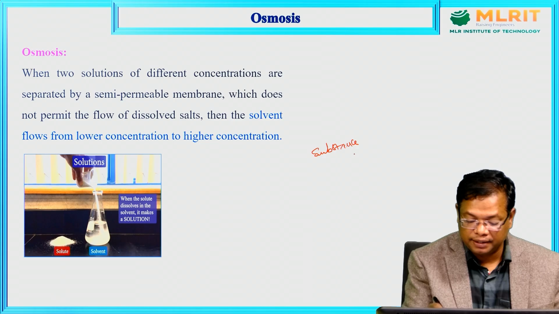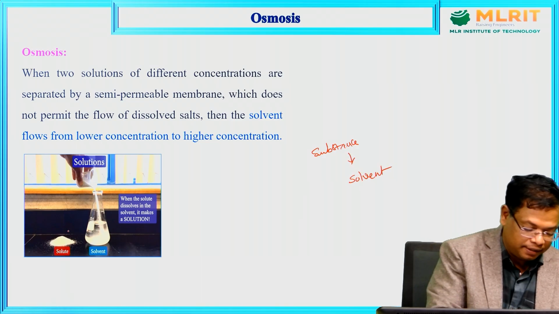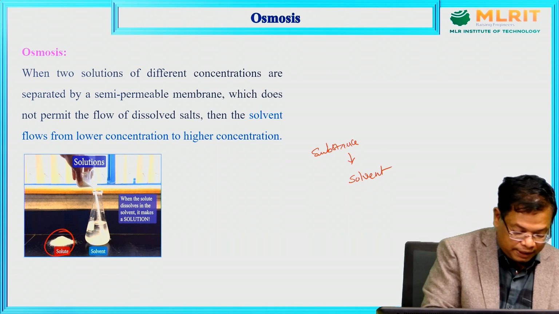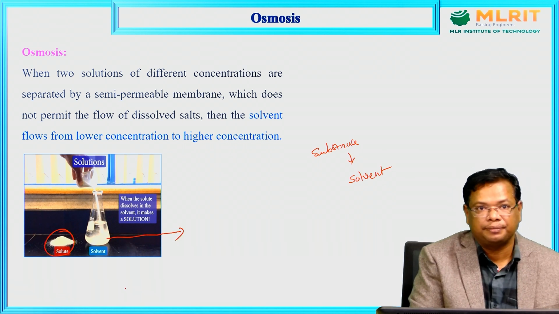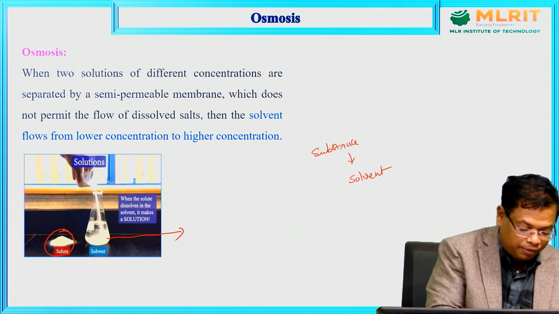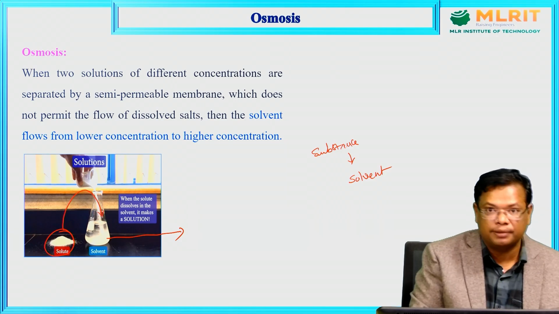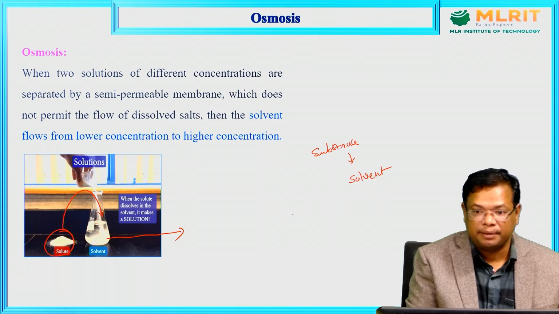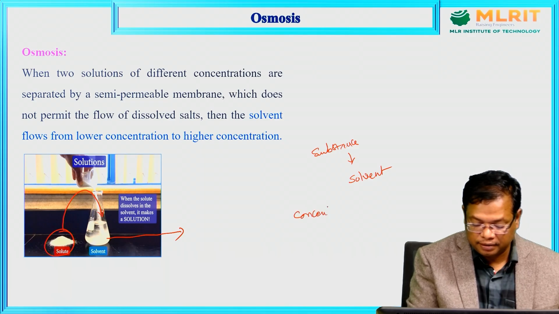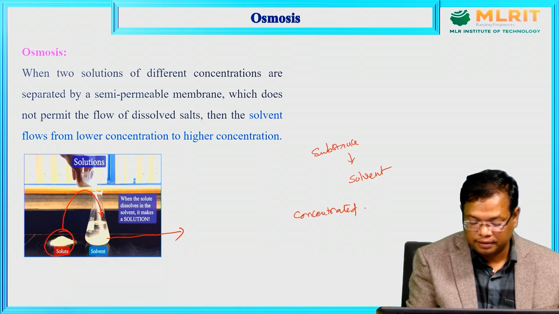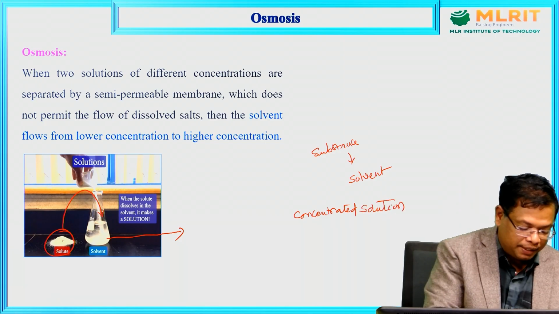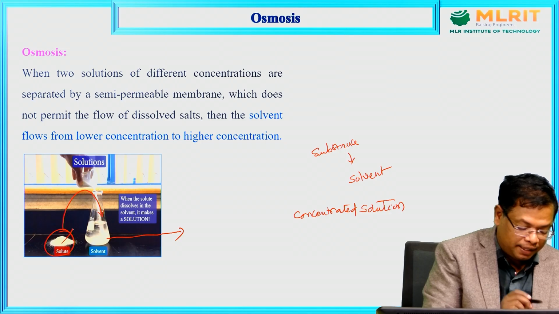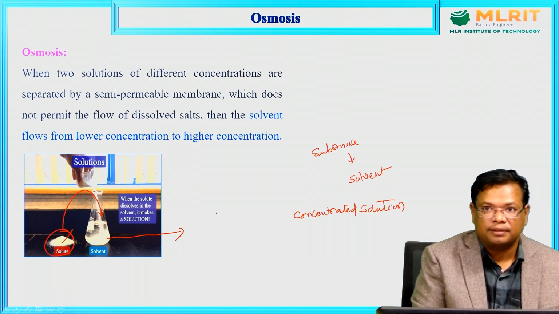You can see here, this is a solute, this is a solvent. So, in this solvent, we are pouring this solute. Once you pour the solute, the solvent becomes a concentrated solution.